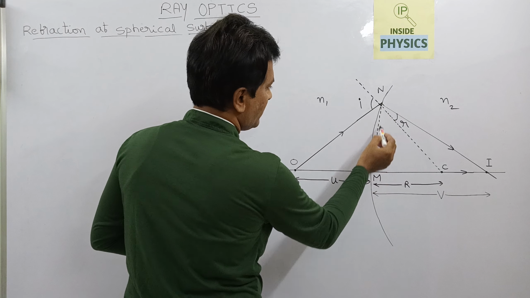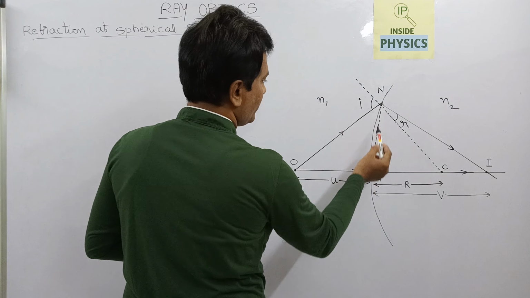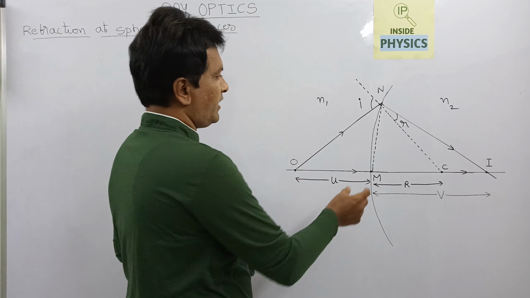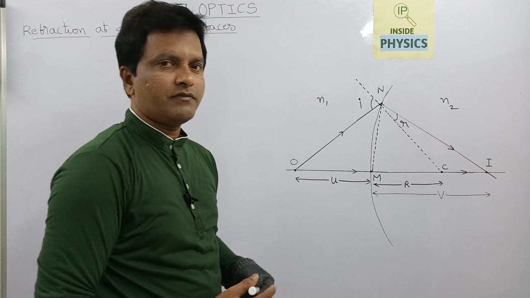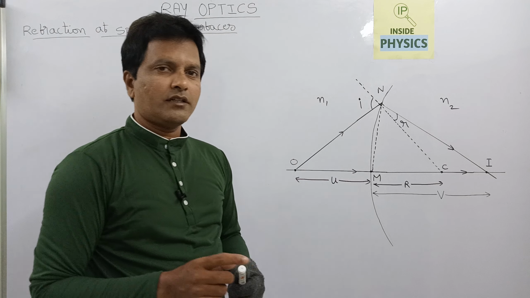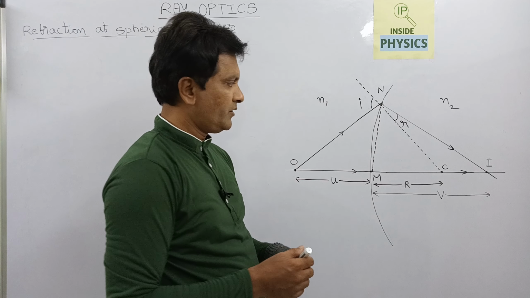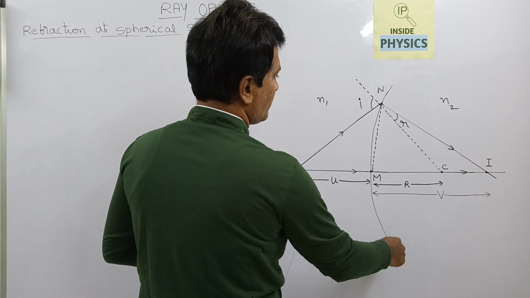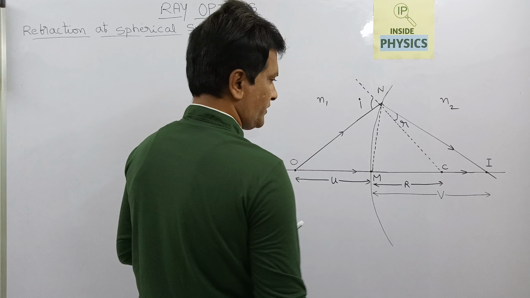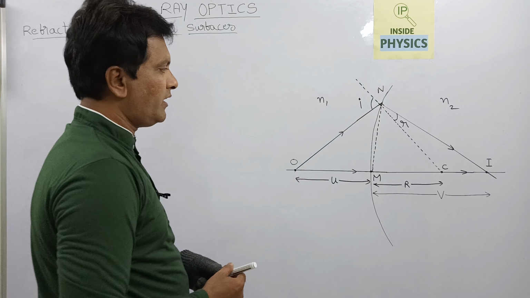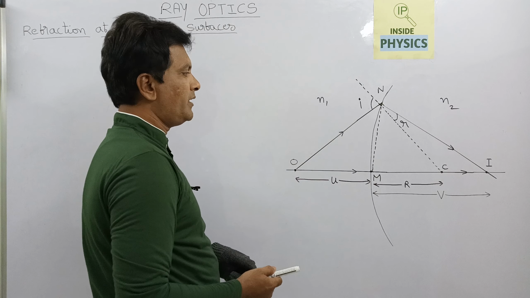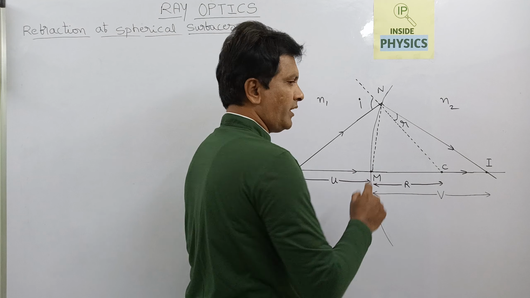Because the aperture of the curved surface is so small, that is, the lenses or surfaces we take are very thin, the lateral thickness will be considered very small, and this NM is considered as a perpendicular to the principal axis.